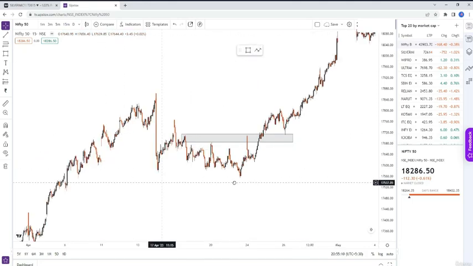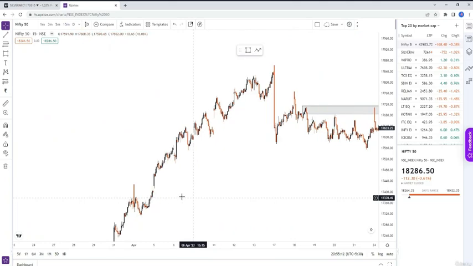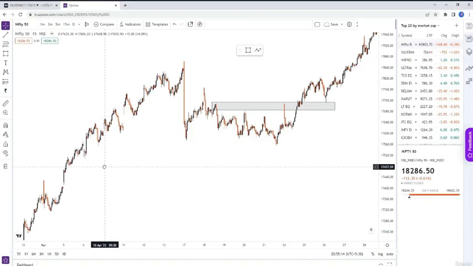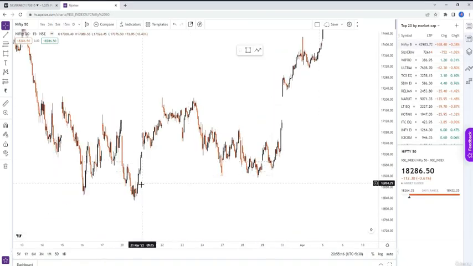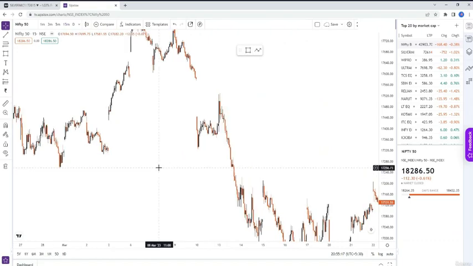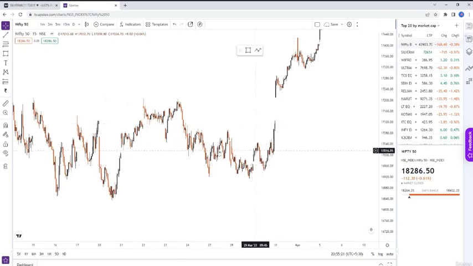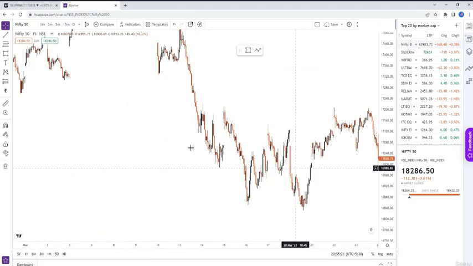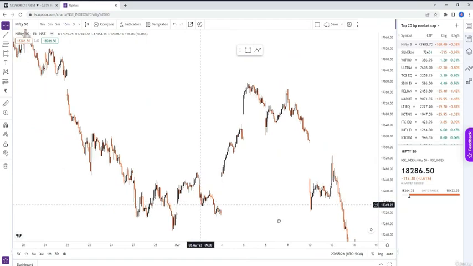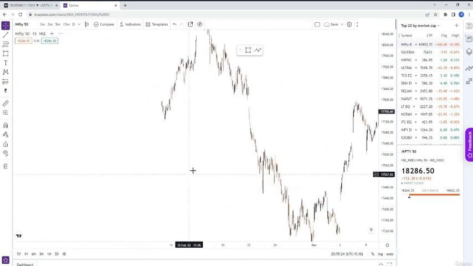Okay, let's see somewhere else if we have scenarios. Like here also we have some scenarios. This place I'm not going to draw again because they are the same.